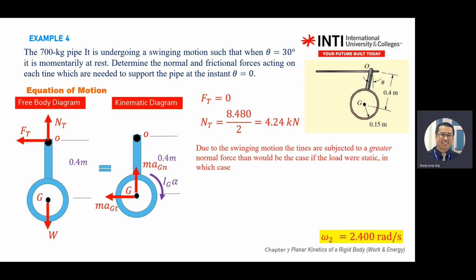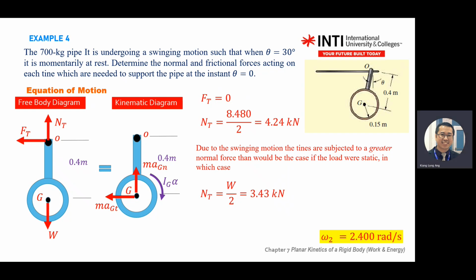Okay, now due to swinging motion, the taus are subject to a greater normal force than it would be in case the load is static, in which case NT equal to omega divided by 2. Means in your static module, you do not consider swinging motion. You can straight away use weight divided by 2.